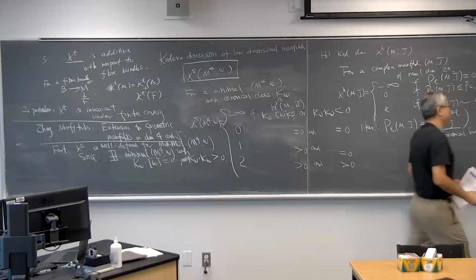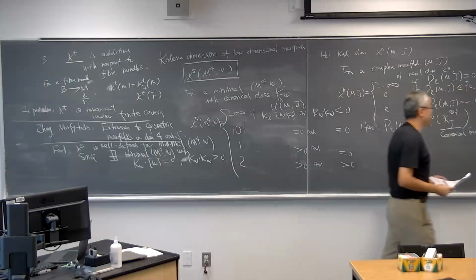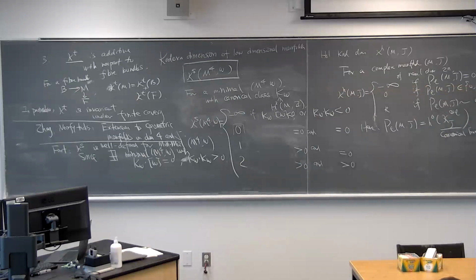In fact, you can define what it means for a smooth 4-manifold to be minimal. This just means that you don't have any smoothly embedded sphere with self-intersection -1.